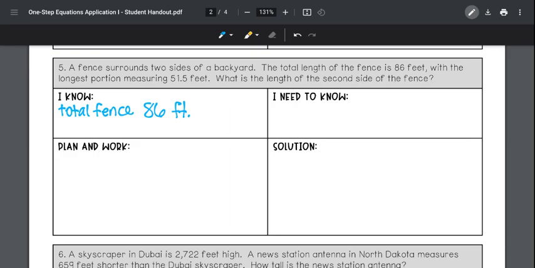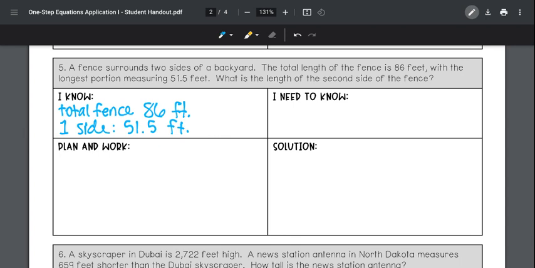The longest portion measuring 51.5 feet. That's a really long side of a fence. So one side is 51.5 feet. This is an interesting fence. What is the length of the second side of the fence?